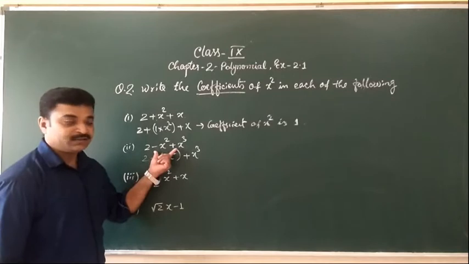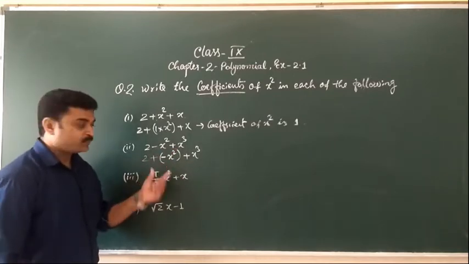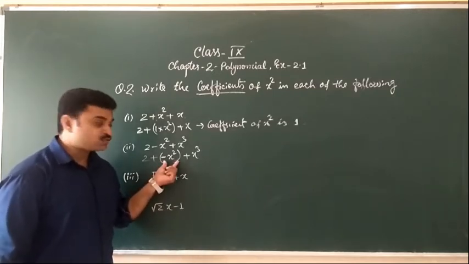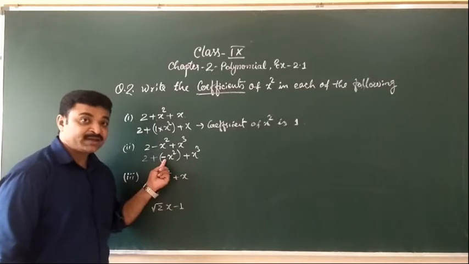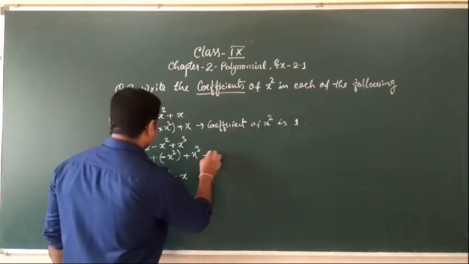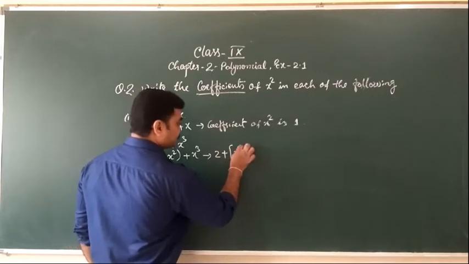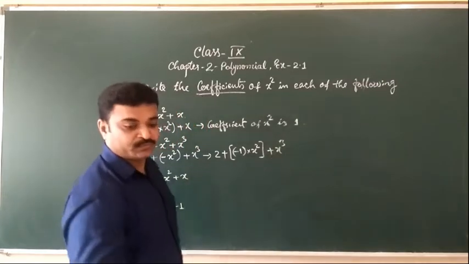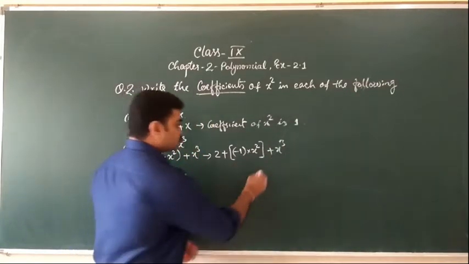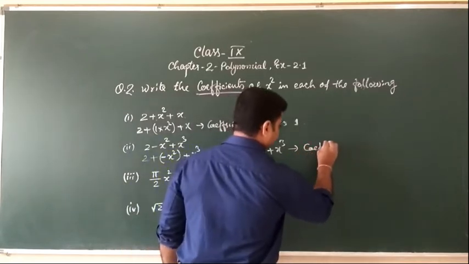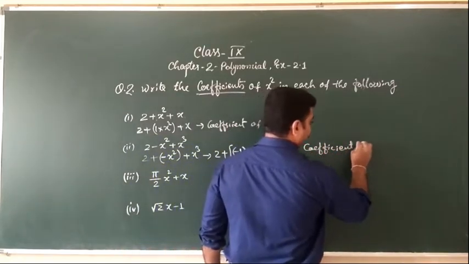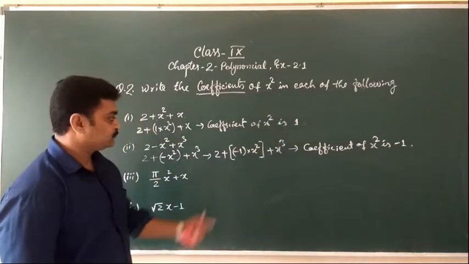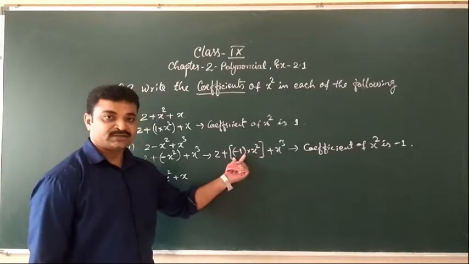The term containing x square has a coefficient of minus 1, or we can write 2 plus minus 1 into x square plus x cube. Got it? So the coefficient of x square is minus 1.